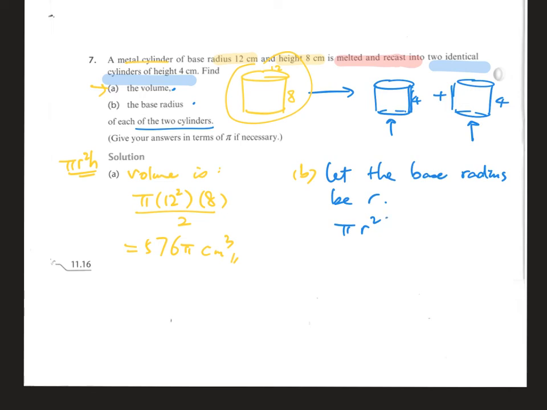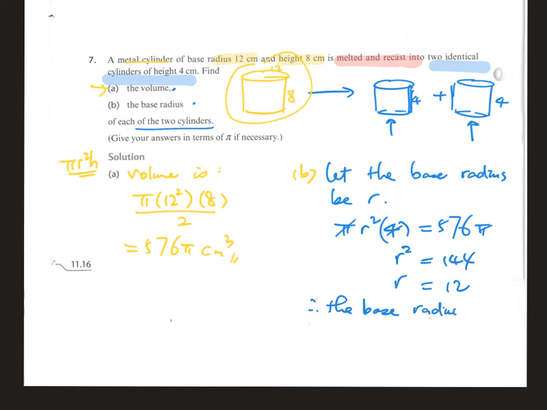Height is 4 cm here, times 4, which is equal to 576 pi. Now you cancel the pi, and divide by 4. You've got r squared is 144. Taking the square root from the calculator, you get 12. So you conclude that the base radius is 12 cm.